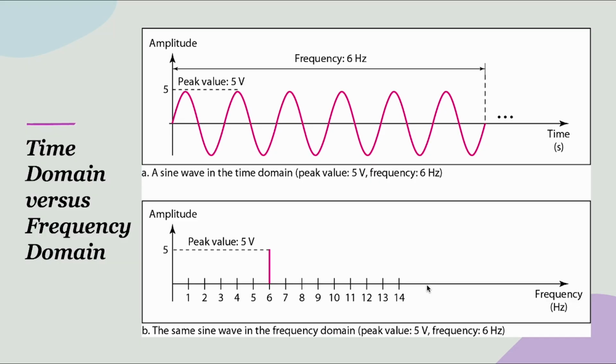You have a wave here which is traveling at a certain speed and has a certain amplitude. The frequency is 6 hertz, so it completes 6 cycles in 1 second. The number of cycles it completes in 1 second is the frequency of the wave.